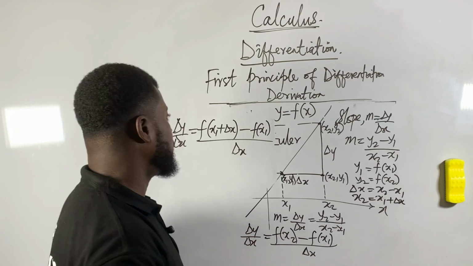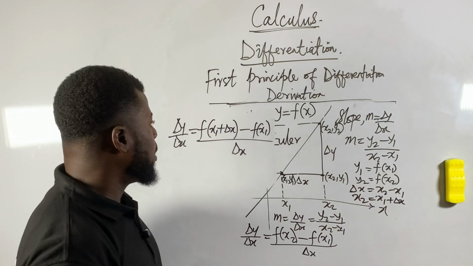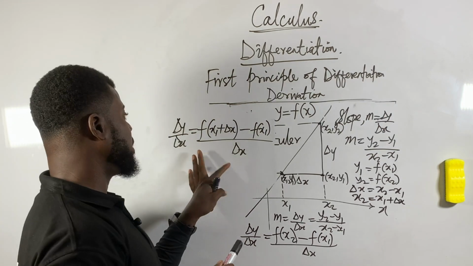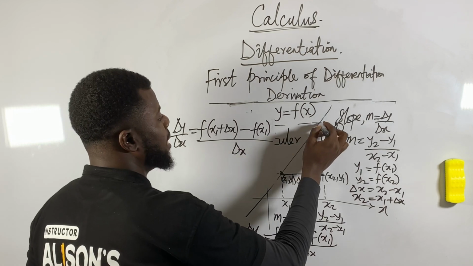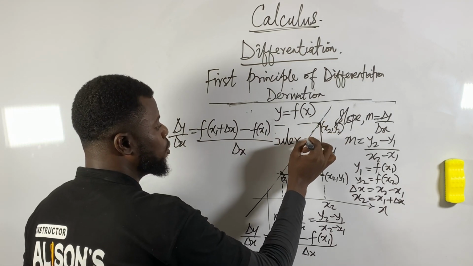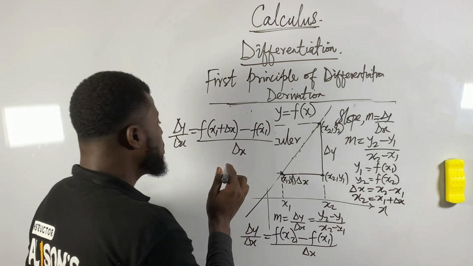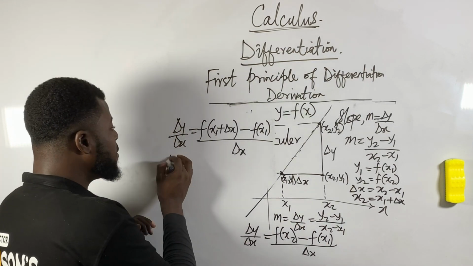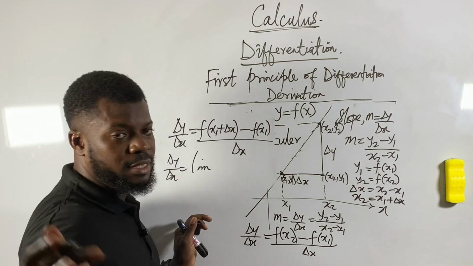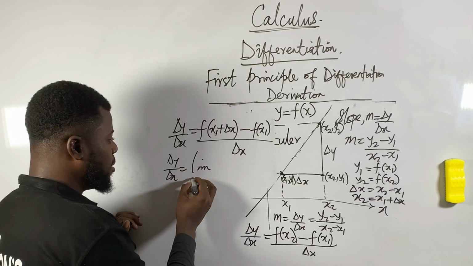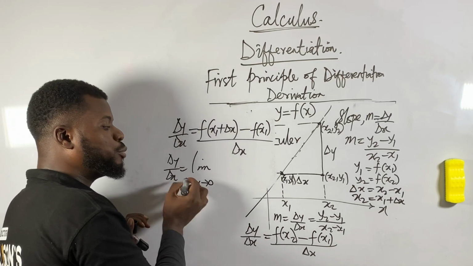Remember, some books, instead of using dx here, they use h in all these places. Now that is the first principle. But if you want to make the answer more accurate, you can say from this particular graph, if this particular dx goes down from this top, you go down till you come back to the point of 0. So if you want to make it accurate, dy over dx will equal limit, as dx tends to 0, approaches 0.